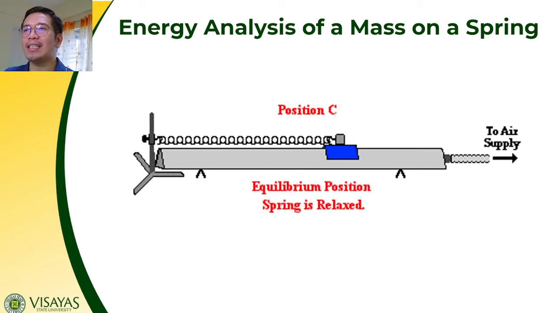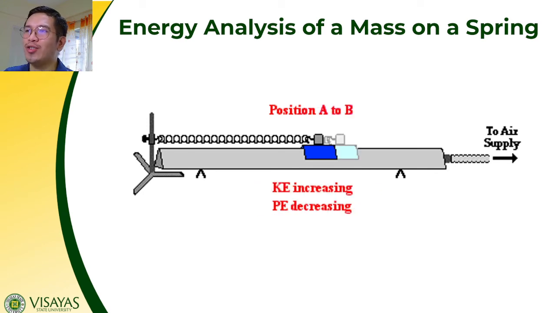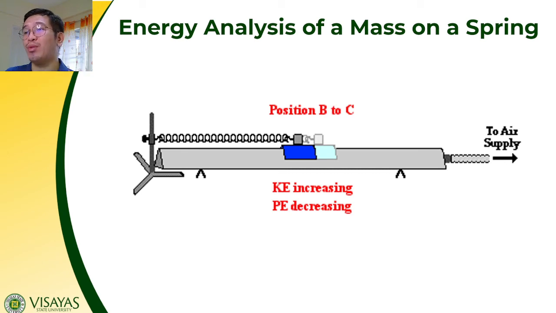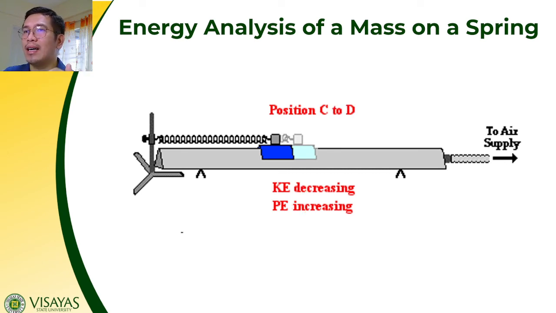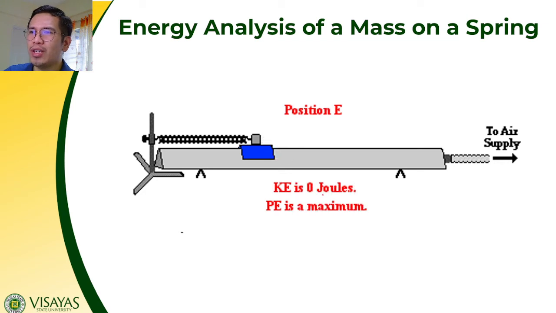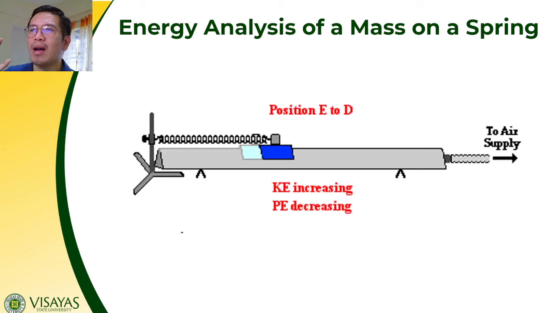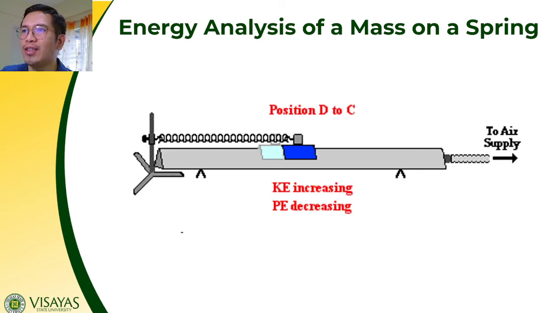So when the glider is at position A, the spring is stretched to the greatest distance and the elastic potential energy is at its maximum. A similar statement can be made for position E. They are the same, their potential energy is maximum.